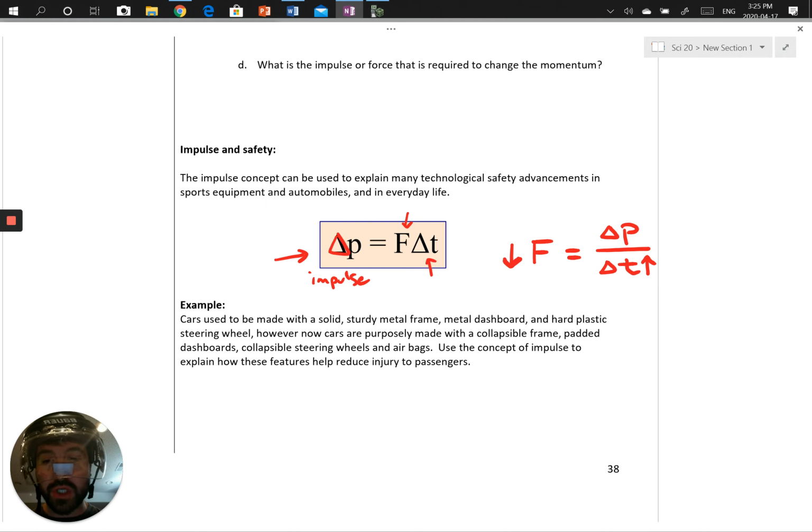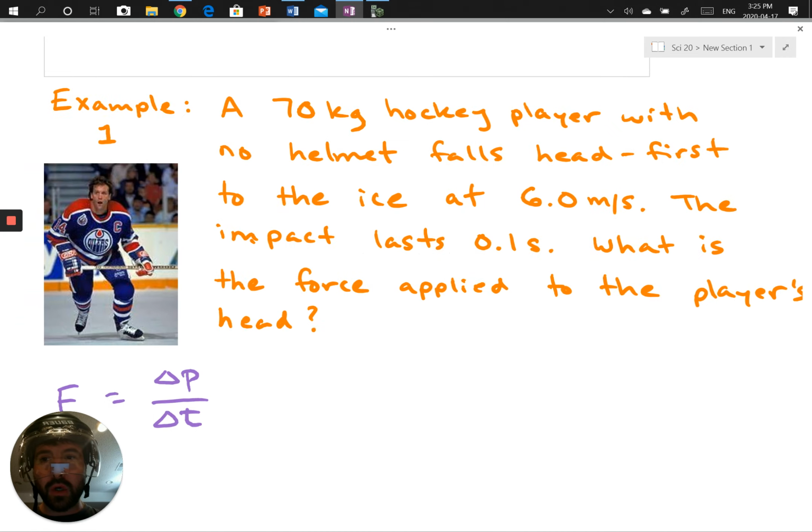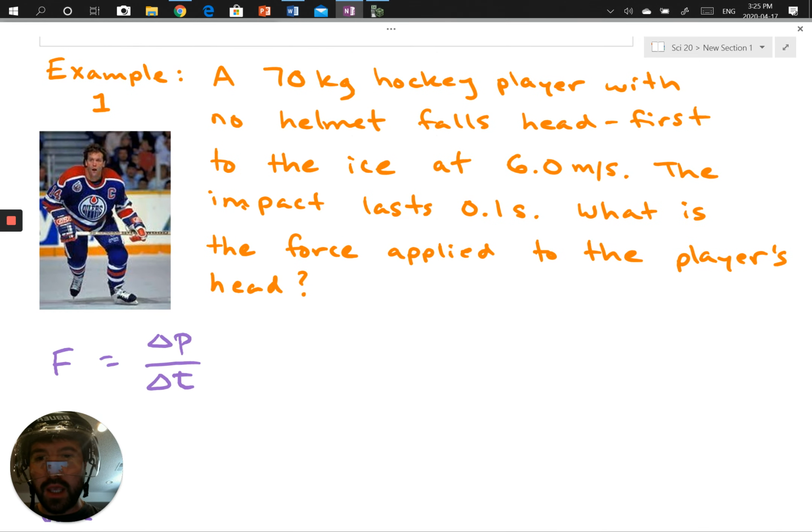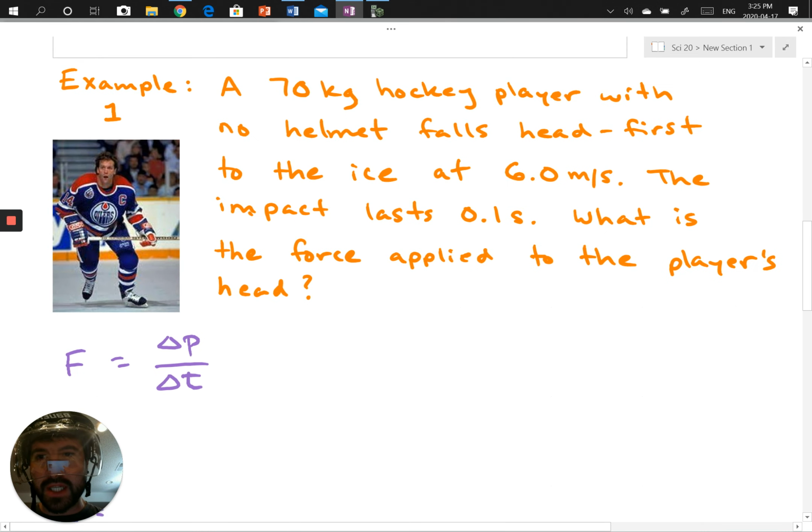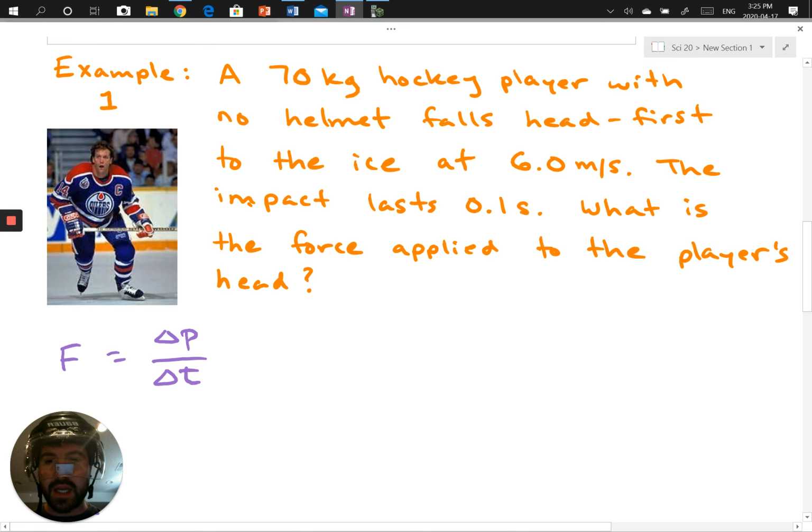Okay, so I'm going to show you guys an example here. Here is a famous hockey player, Craig MacTavish. He was the last player in the NHL to not wear a helmet while he was playing. So I'll take you through this problem here. We're going to use the hockey helmet as our example.